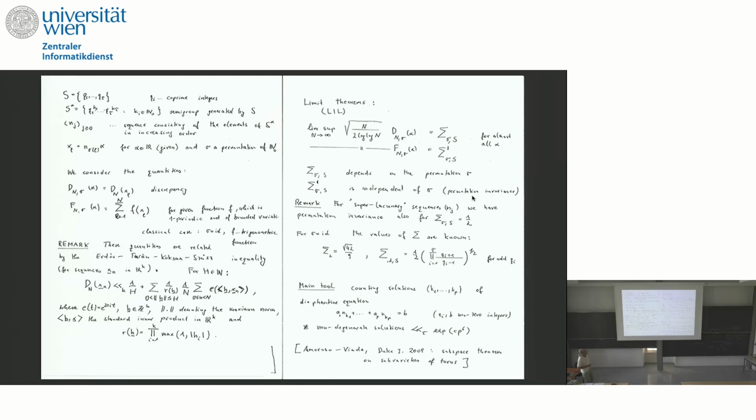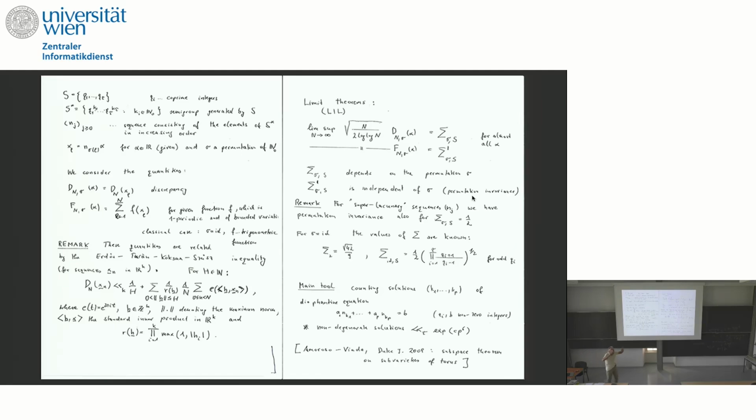Better results are results which give this lim sup for discrepancy or for function evaluations as an explicit value. Not only showing that this lim sup, as in the standard law of iterated logarithm, is bounded by positive constants.